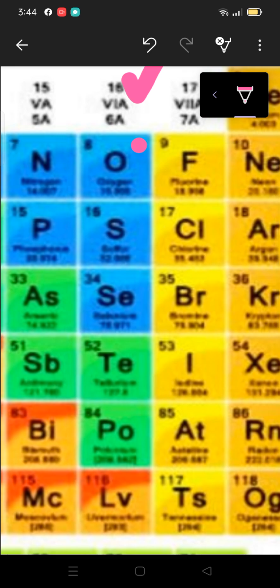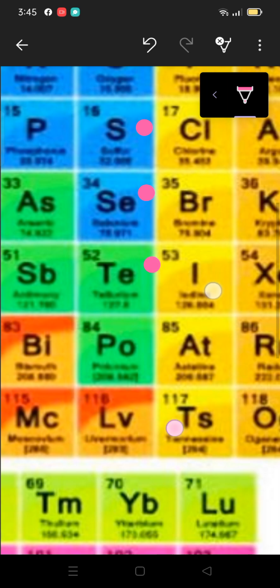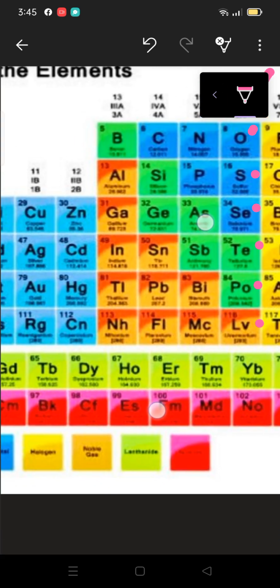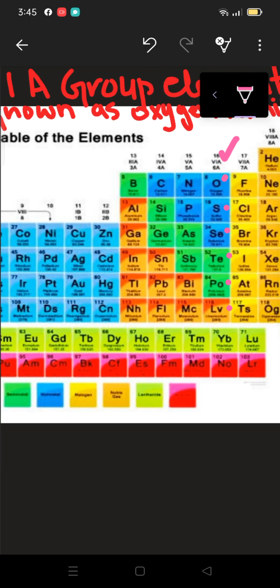Alright, so as I am counting the elements of the sixth A group, there are six. First oxygen, second we have sulfur, then selenium, then tellurium, then polonium and livmorium. So we have six elements in the sixth A group.